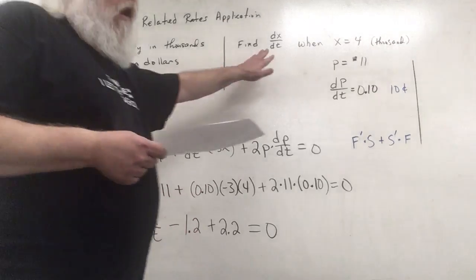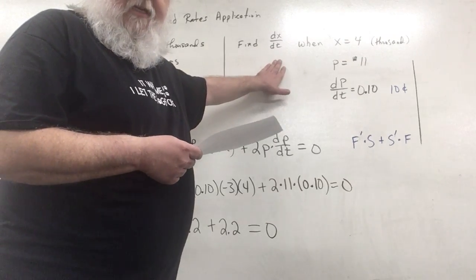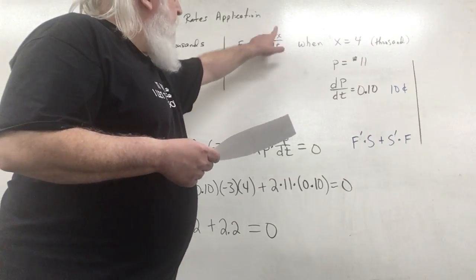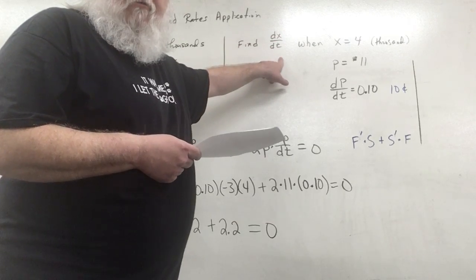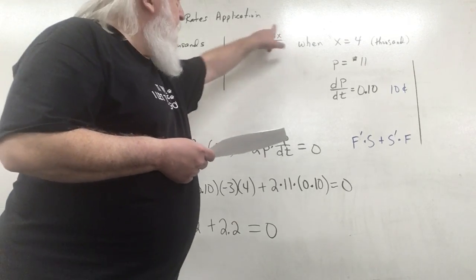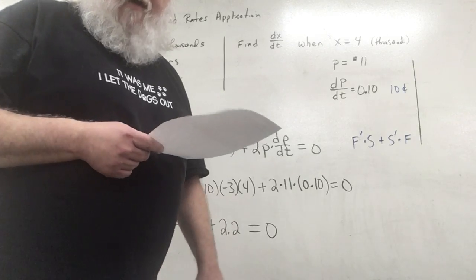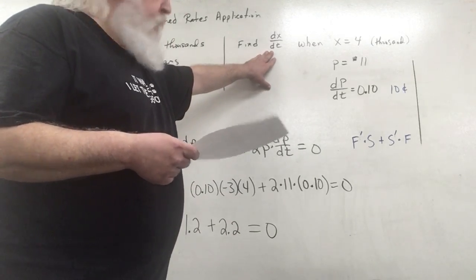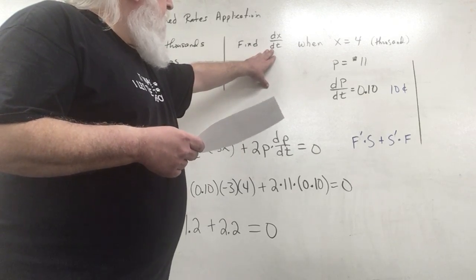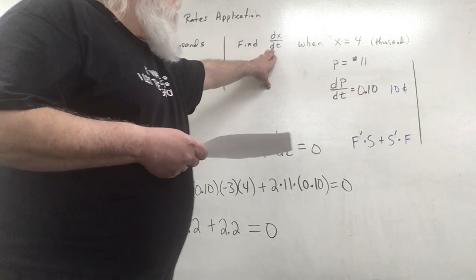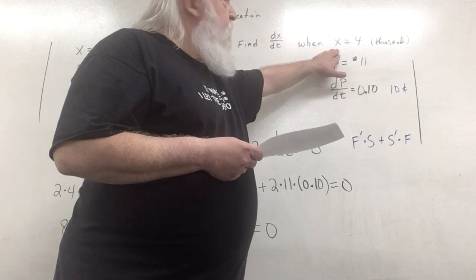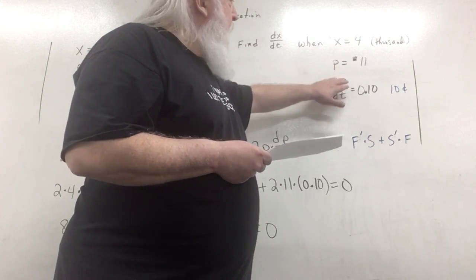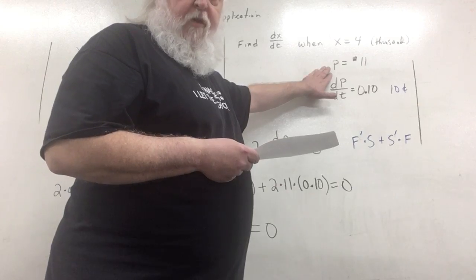So it's talking about a quantity, how fast the quantity is changing. So we have to find the derivative of x with respect to t. dx over dt tells us how fast the quantity is changing with respect to time. And we have to find dx over dt when the quantity is 4,000 and the price is $11 per unit.